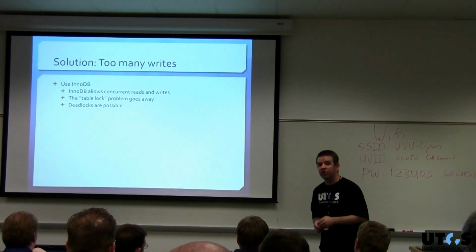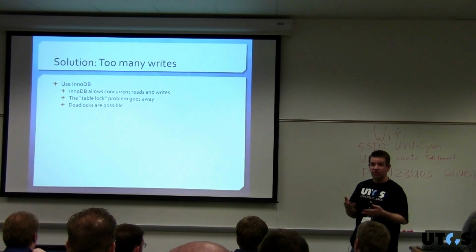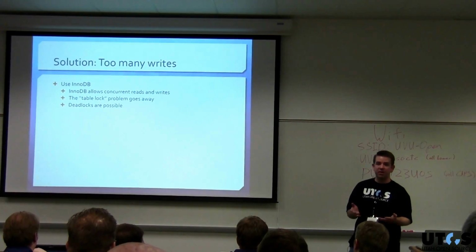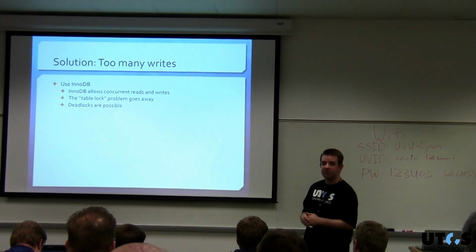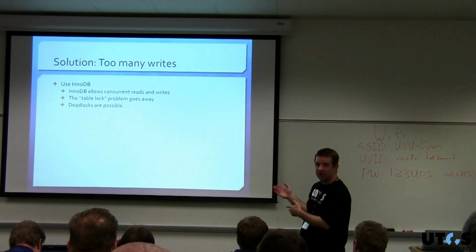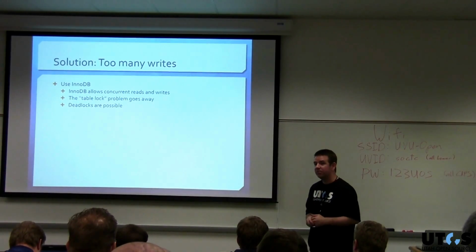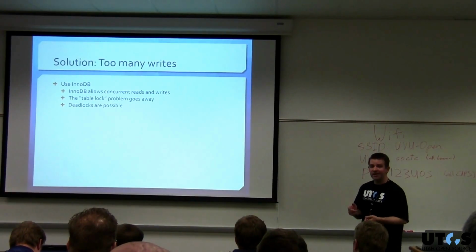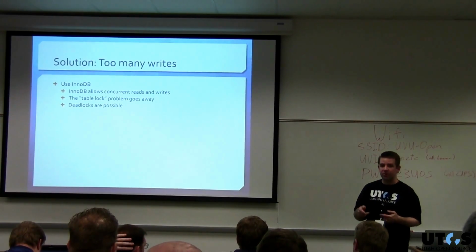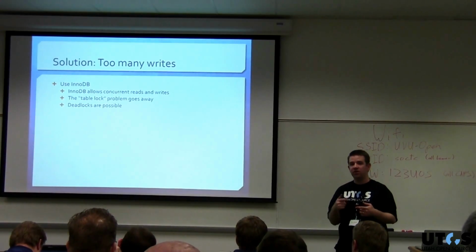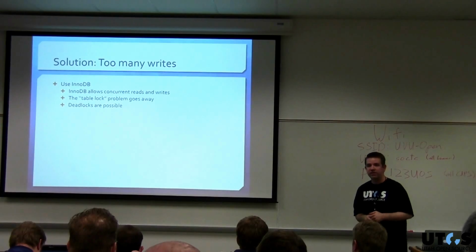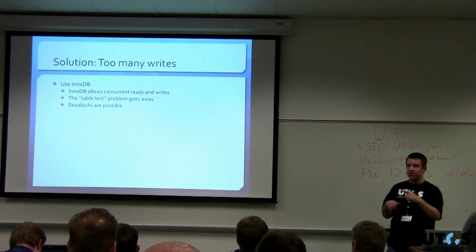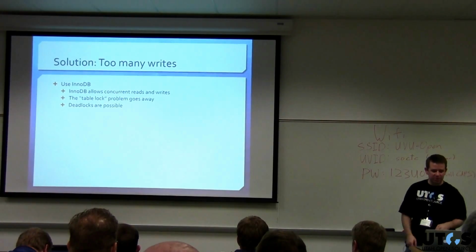You have to be aware of them in your code and make sure that you deal with them properly. But for the most part, it's only in very specific cases that you'll run into that problem. In most cases, you won't. Where you're going to run into that problem is generally where you have transactions, so you're doing multiple queries in a single transaction, and those can run into those circular problems.